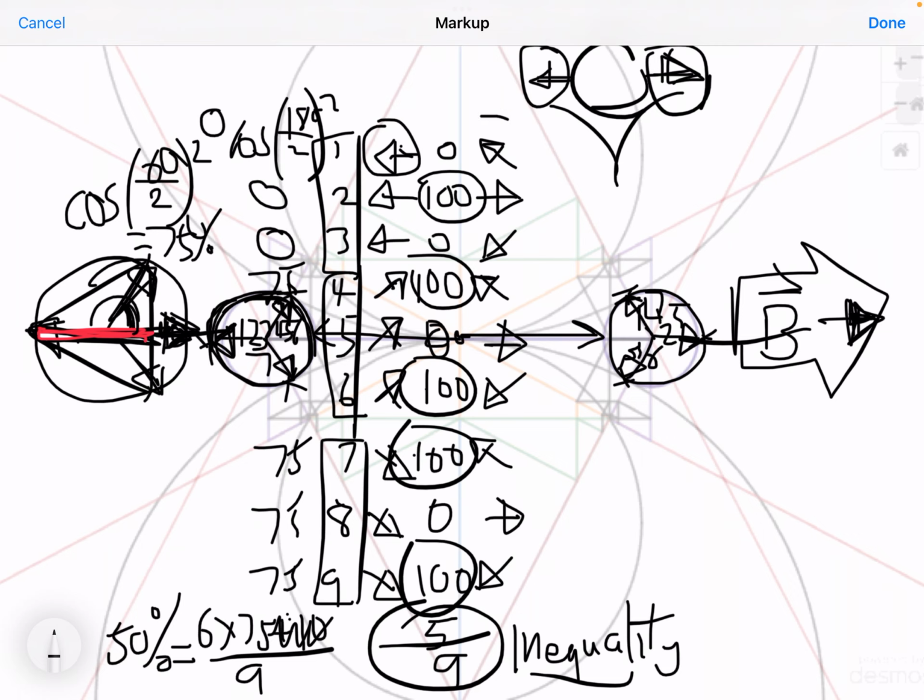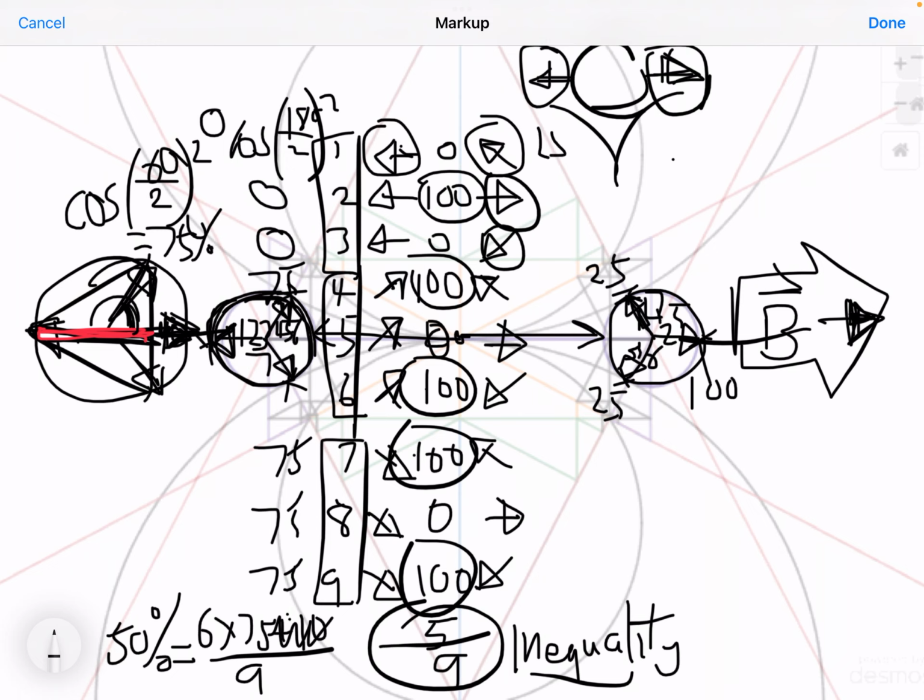Let's look at these ones. Again, you do the same thing, and it turns out that the probability of that one falling to the right is 25%, probability of that one falling to the right is 25%, probability of that one falling to the right is 100%.